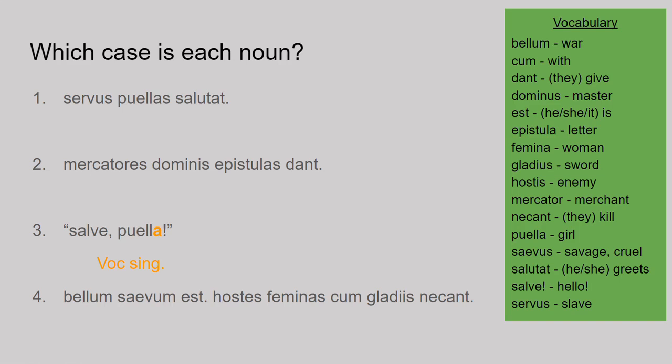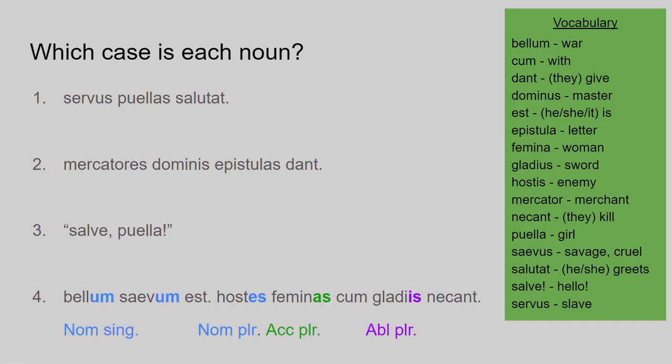Finally, number 4, there are 2 sentences in this one. Bellum is second declension neuter and could be nominative, vocative, or accusative. Now, saevum is an adjective that describes this noun, and the verb is singular, so I have to assume that bellum is the nominative singular because there's nothing else in this sentence and est doesn't need to take an object.